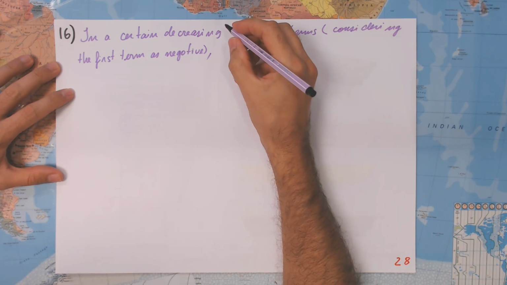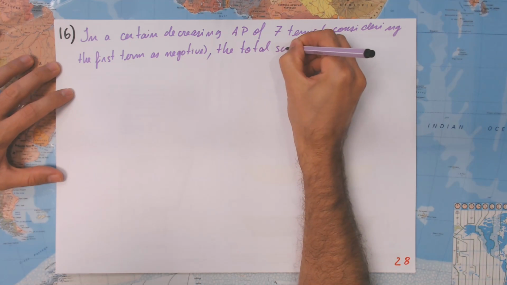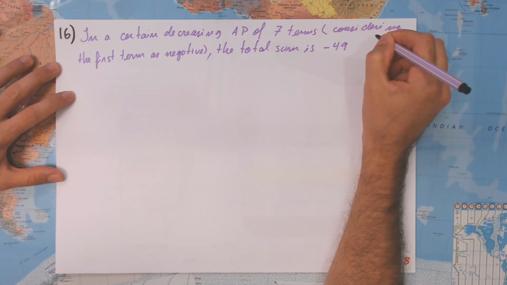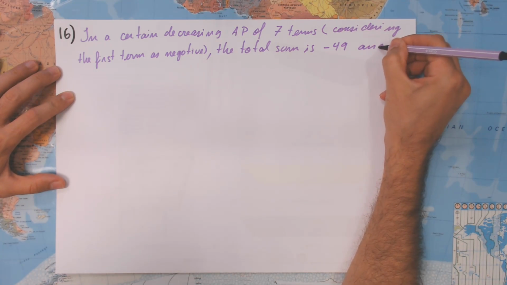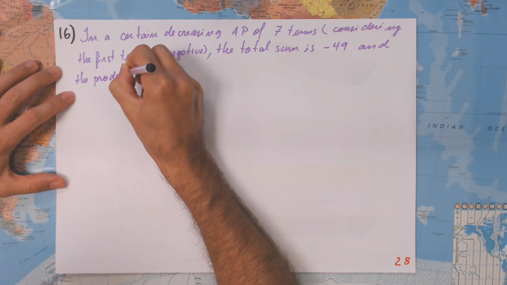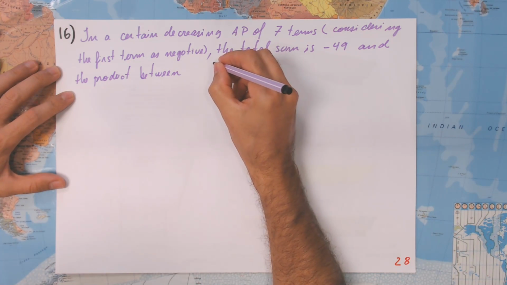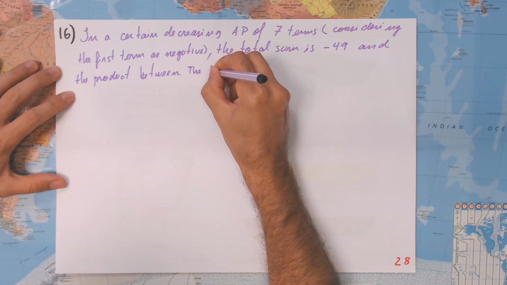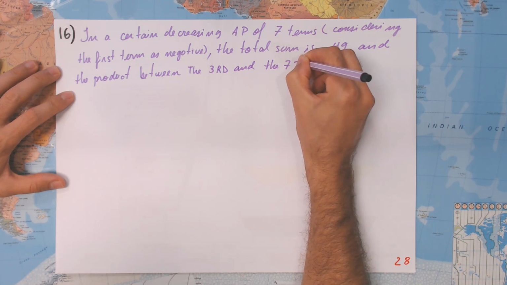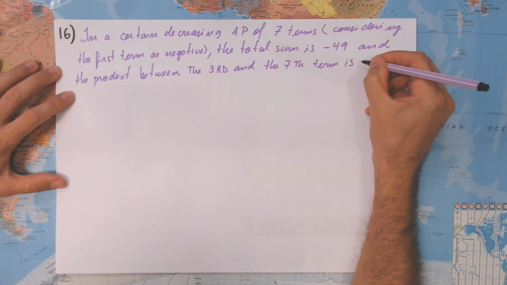Now the information: the total sum is minus 49, and the product between the third and the 7th term is 64.